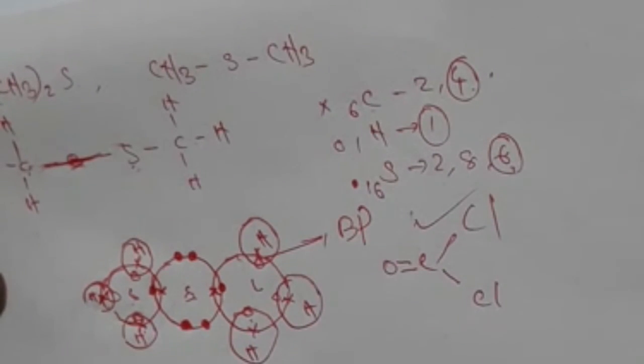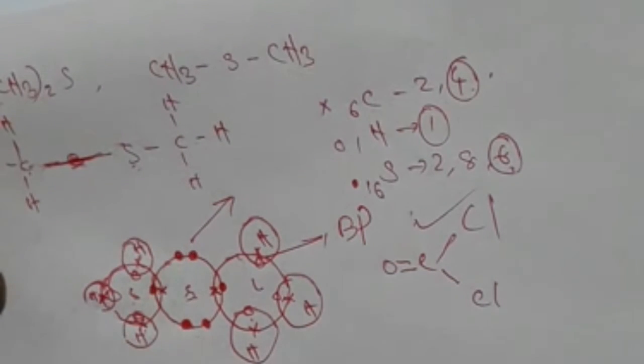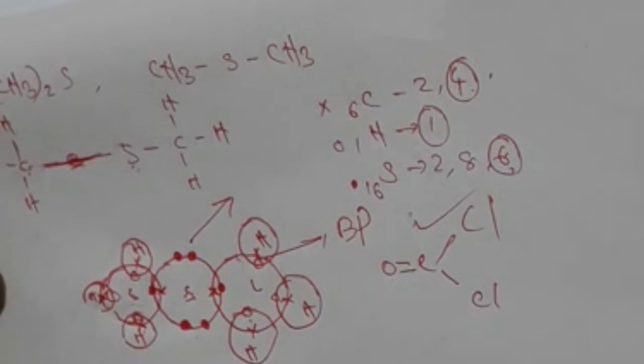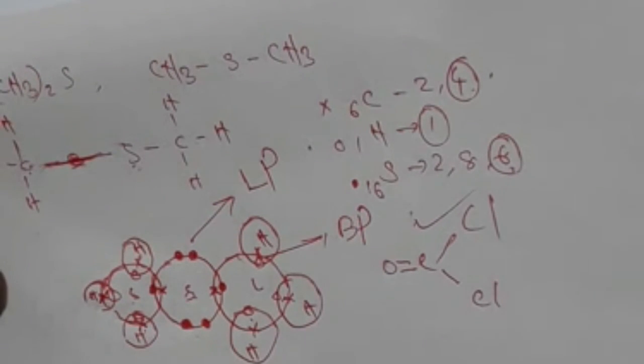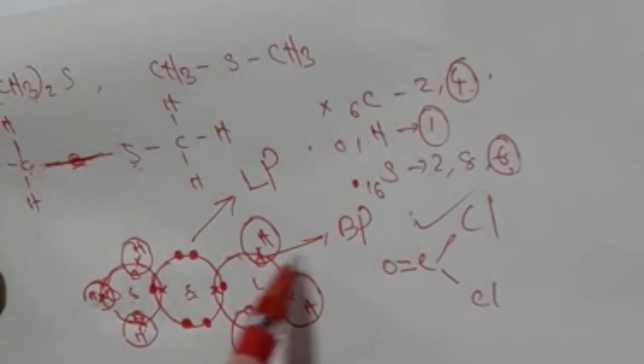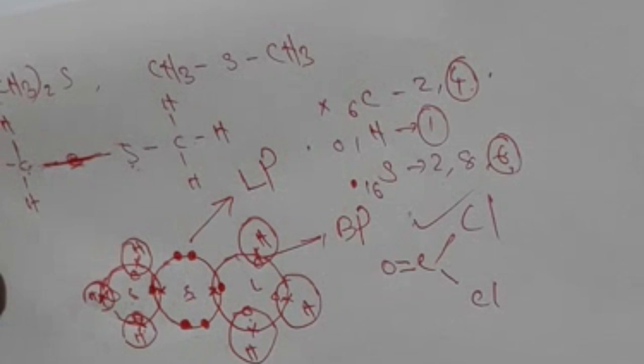Some cases you have to answer this type of question. And this electron pair and this one do not involve chemical bonding, and these are called lone pair electrons. Lone pair electrons are electron pairs that do not involve chemical bonding. This pair involves chemical bonding, so it is a bond pair. So this is the answer for this question.